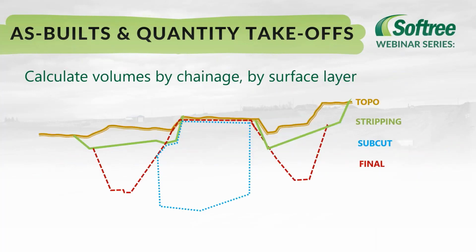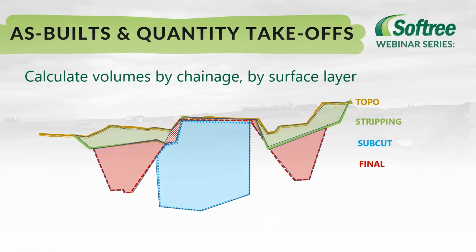And then the last one that we're going to cover today is looking at our volumes as they relate to a piece of linear infrastructure. So looking at that by chainage and using different layers for those quantities. Here we're going to start out with our topo surface, add in our surveyed stripped surface, add in our surveyed final subgrade, and then we're going to look at our subcut.